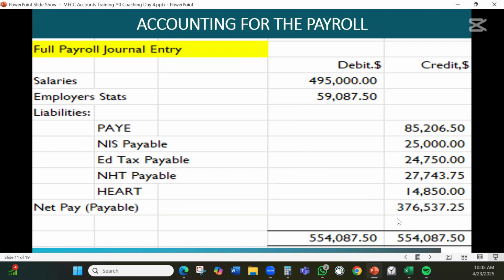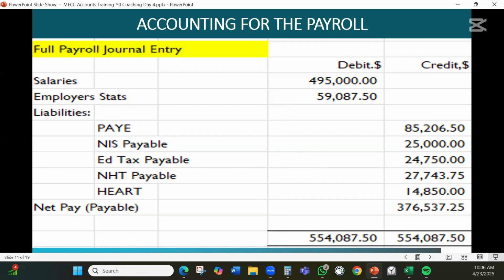The difference now is the net pay, which is due to the employee, right? And if you notice, your journal is balanced, so every debit has a credit entry. And so we owe the government everything from the 85,000 down to the amount for HEART, and we owe the employee the 376,000. So we pay some to the employee and we pay the rest to the tax authorities.